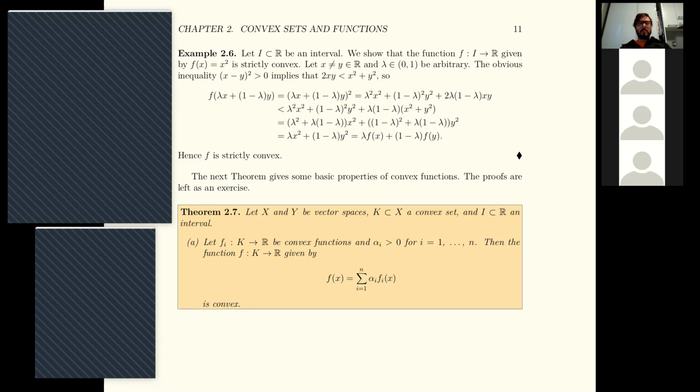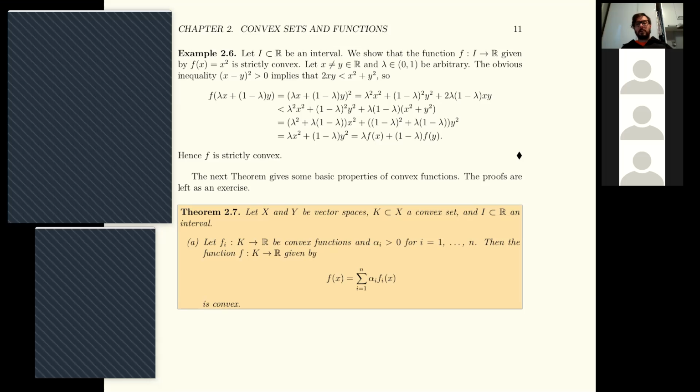Then the first property that we can prove is that if we have a set of convex functions, f1, f2, and so forth, up to n, if we have n convex functions, then their positive linear combination is convex.